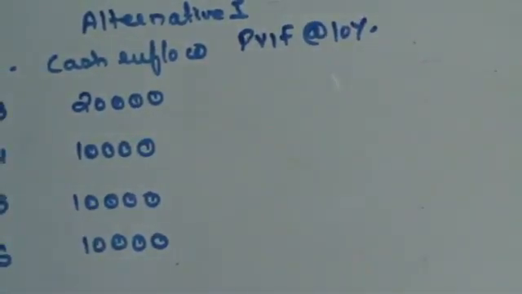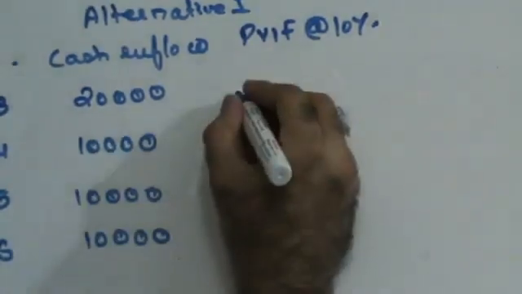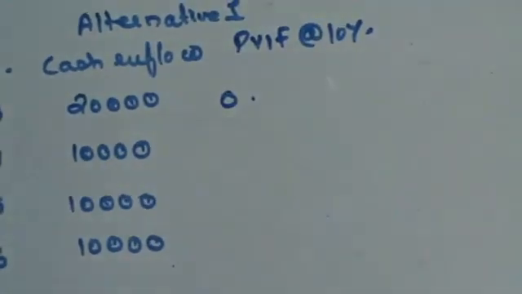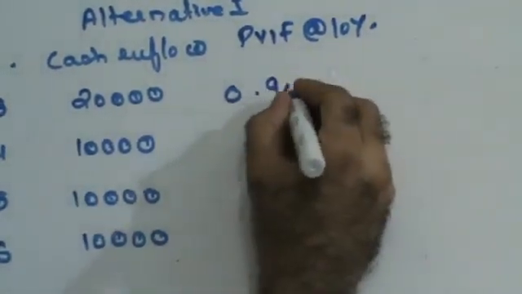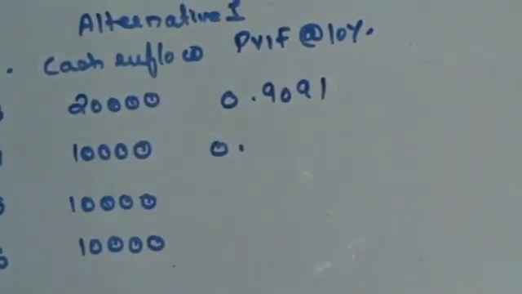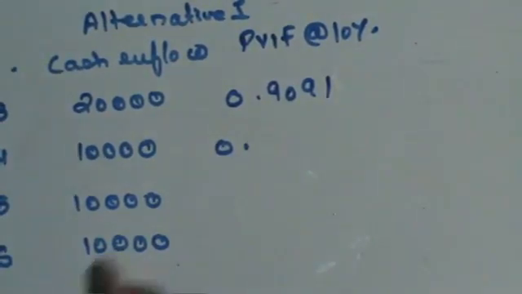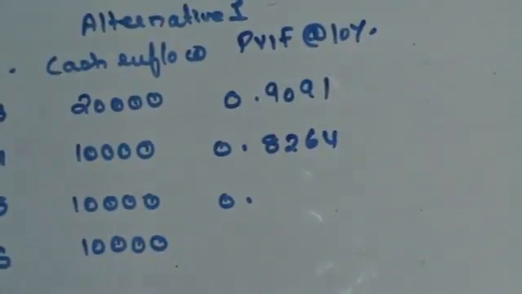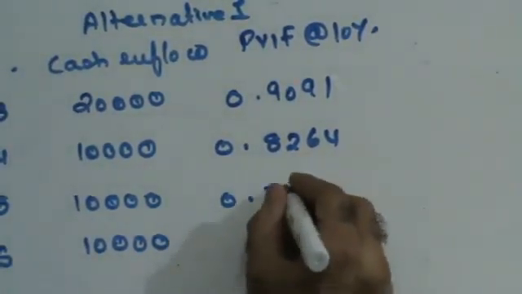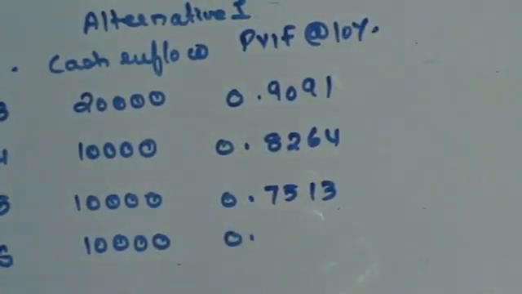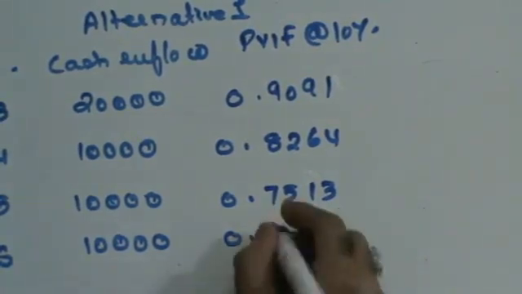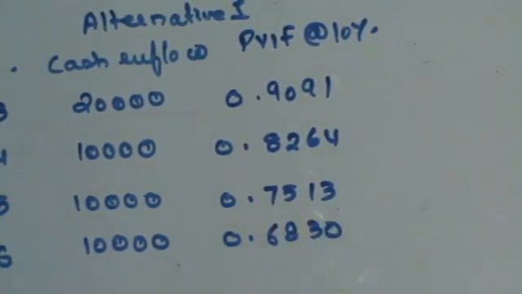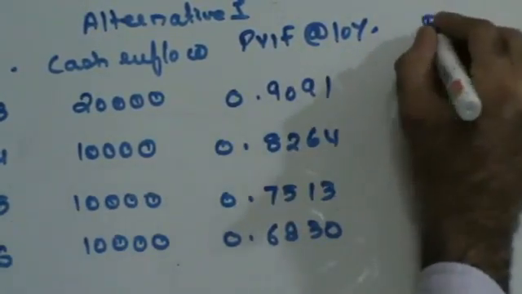On page number 170, at the rate of 10%, guys, please see the table: 0.9091, 0.8264, 0.7513, 0.6830. So when you multiply this, you will get your present value.